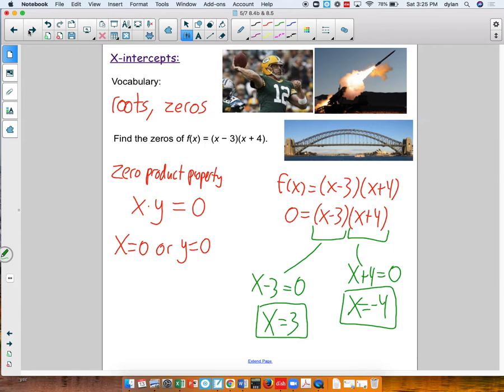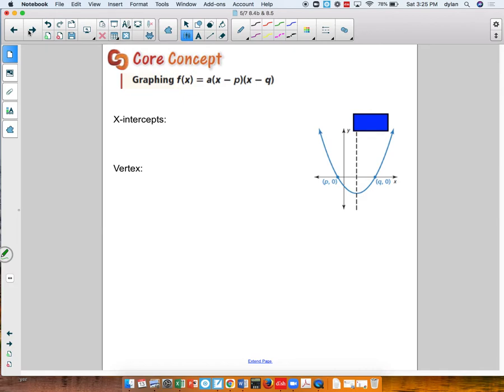So let's dive into this in a little bit more detail. So when we graph this, we've got our function a times x minus p times x minus q. That's a quadratic function in factored or intercept form. And we know that our x-intercepts are going to occur at two places, p comma 0 and q comma 0.